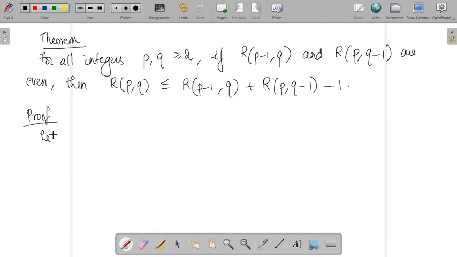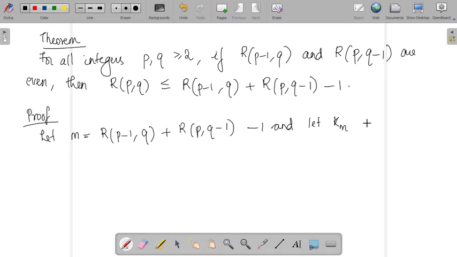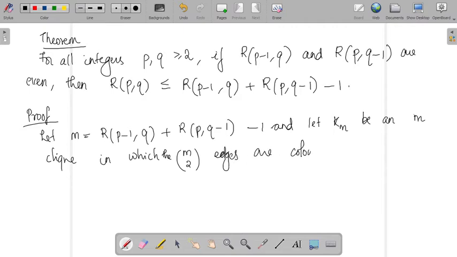Now let me take m equal to R of P minus 1, Q plus R of P, Q minus 1, minus 1, and let Km be an m-clique in which there will be total mC2 edges, which are colored blue or red.